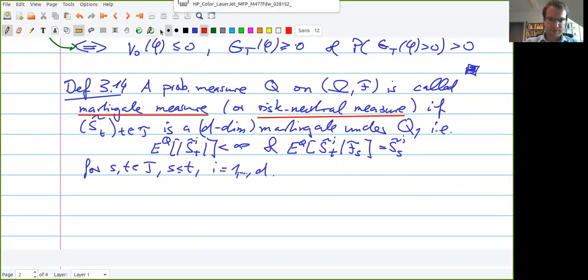Now, another definition. In the end, we don't want to take any martingale measures.